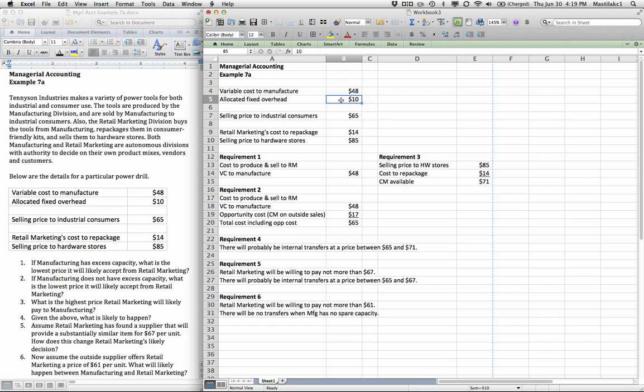So a full cost approach sort of tries to split the difference between when there's spare capacity, when there's not, and how much an outside market might be willing to pay. So sometimes there's a full cost, or there might be a cost plus a percentage, or a variable cost plus a percentage, which again tries to do some of those same things.